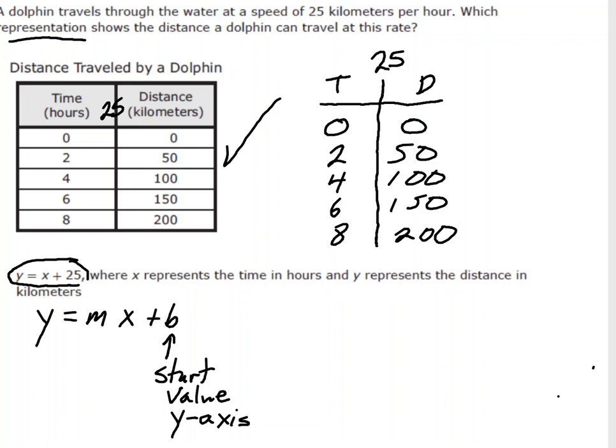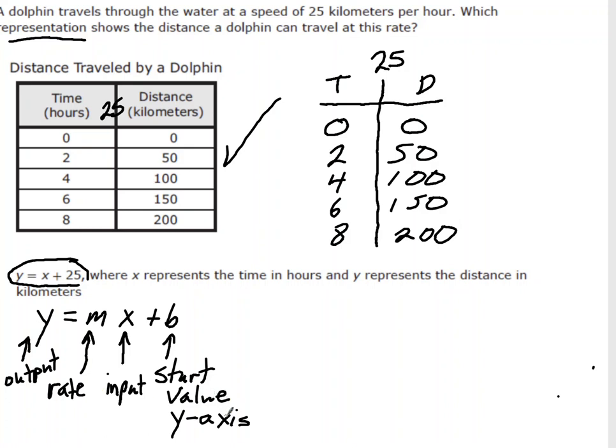So if you were to graph this, b is the point where your line will cross the y axis. This is your input, usually of time. M is slope or your rate. And y is your output.